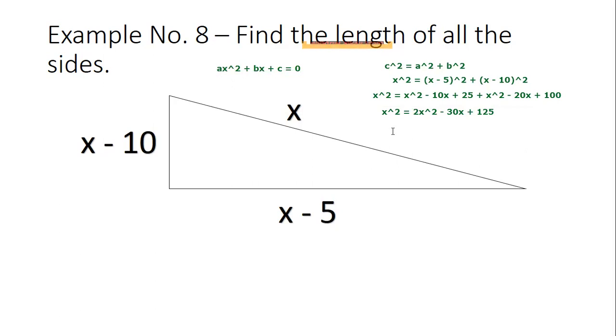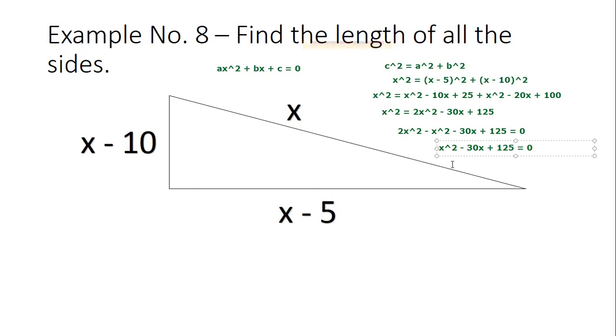So this will be 2x squared minus x squared minus 30x plus 125 equal to 0. 2x squared minus x squared, of course, is x squared already. Then minus 30x plus 125, equal to 0.